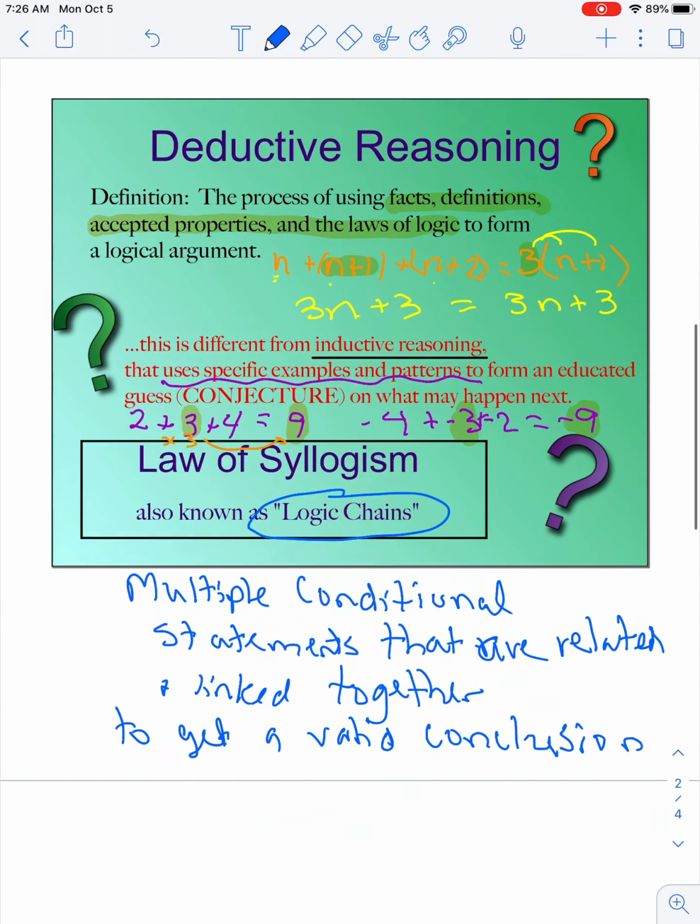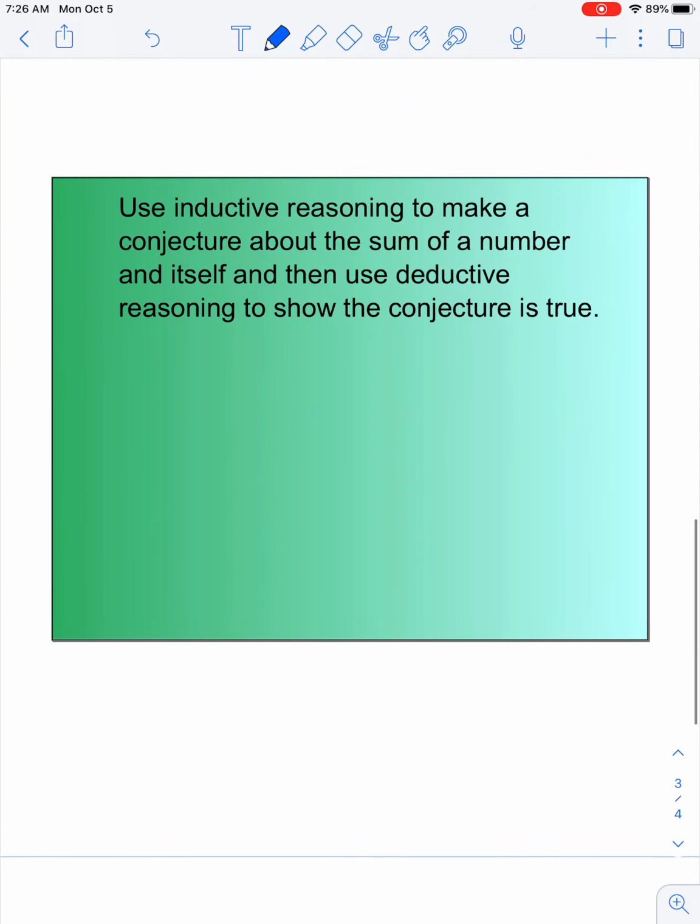So let's just take a look really quickly at using inductive reasoning to make a conjecture. So when we use inductive reasoning to make a conjecture about the sum of a number and itself, we first start looking at specific examples to kind of see what's going on.